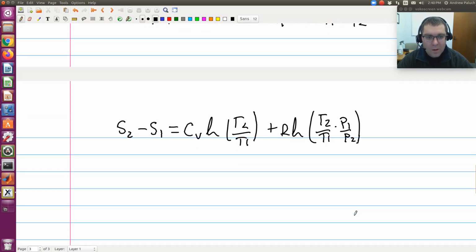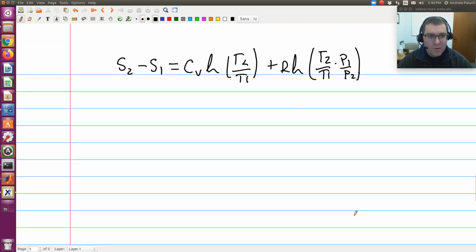So equation sheets are good, but even if you have an equation sheet, it's important to know where the equations come from and how they're used. So the next thing I'm going to do is take advantage of log rules.